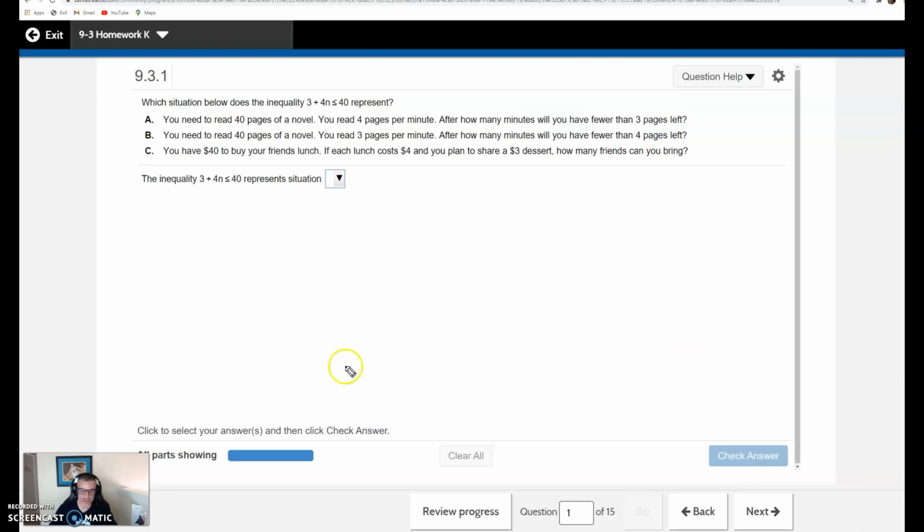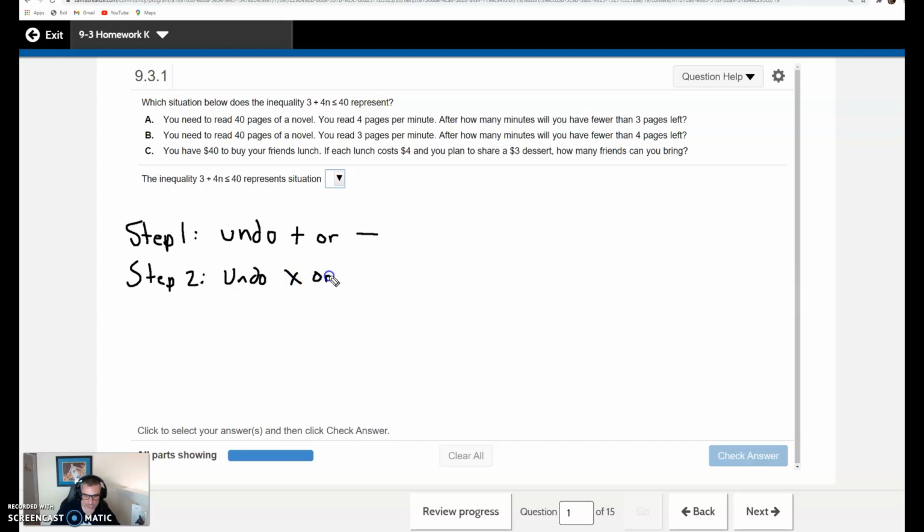So right now I want you to write two things down. This is the process for solving a two-step equation or a two-step inequality. Step one is always to undo the addition or subtraction. And then step two is always undo the multiplication or division.